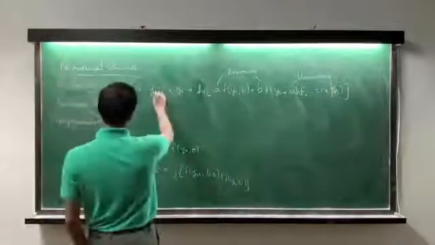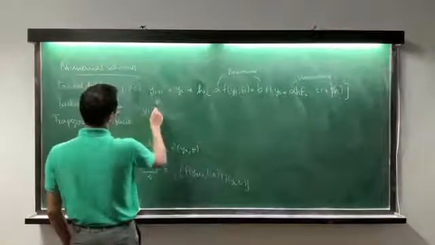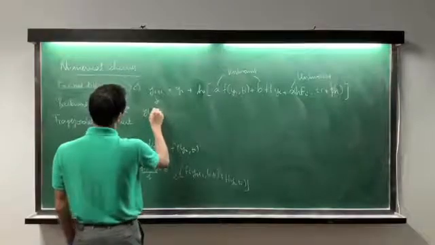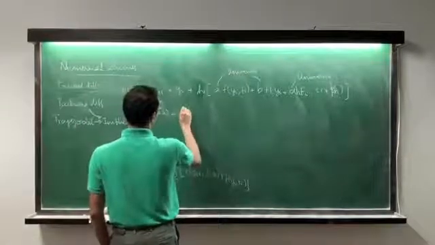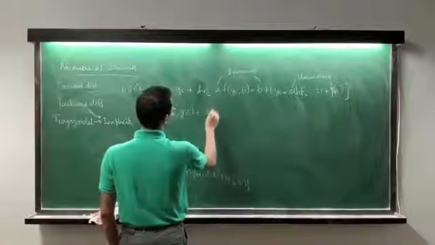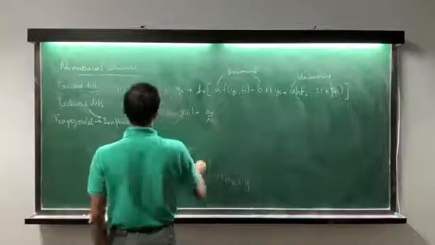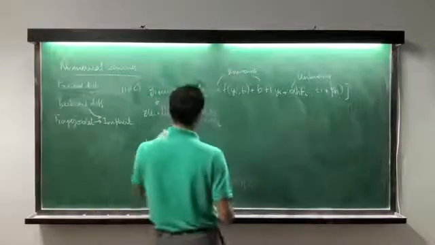Well, I can write down the left hand side just like I did before. This is y of Ti plus h, right? And this is y of Ti plus dy by dt at Ti, and dy by dt at Ti is f, right? That's the differential equation.